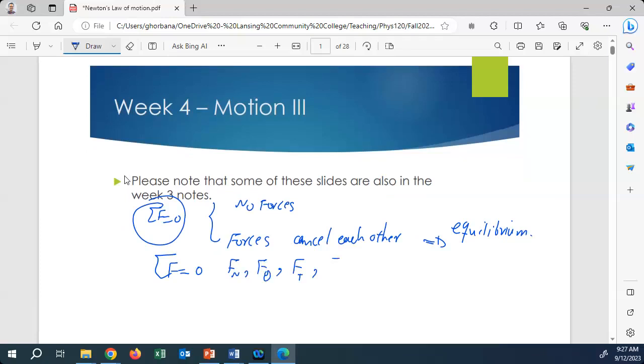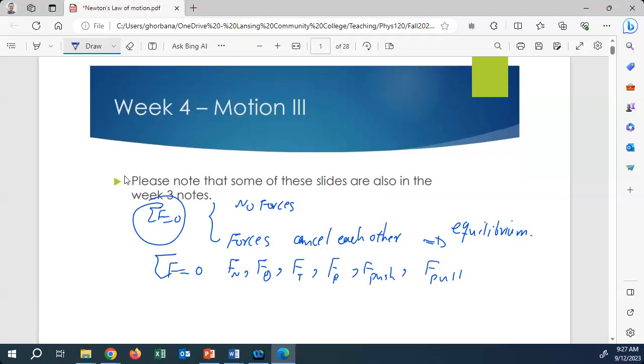Force of friction. And external forces, like pushing or pulling forces, F push, F pull. Good? Yes, Fg is the force of gravity.